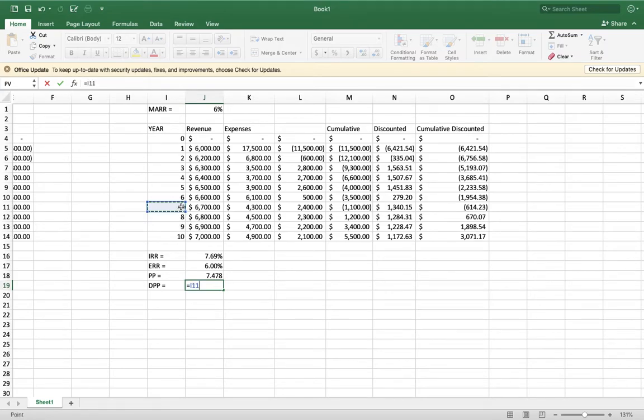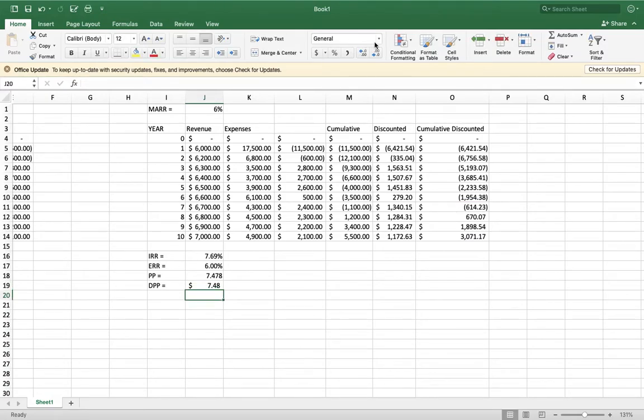And so we get 7 plus 8 minus 7 times this value, sorry, not that value, 0 minus that value, divided by that value minus this value.